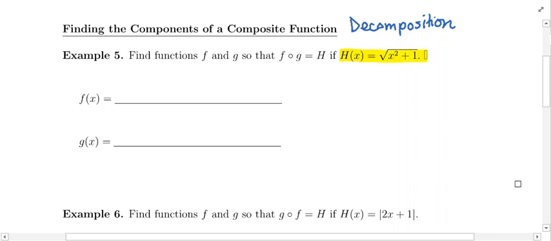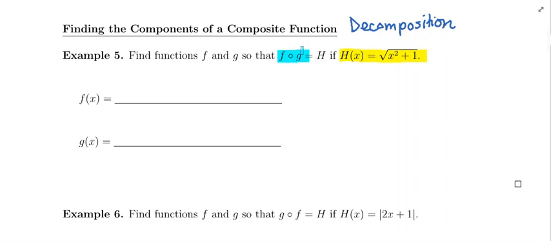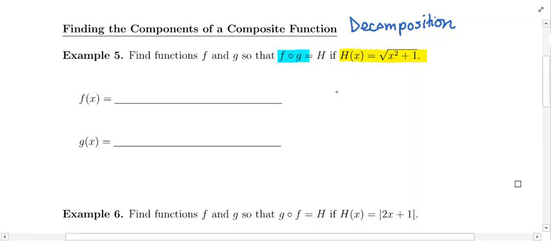Two functions f and g have already been composed in this direction, f of g, and the result is the square root of x squared plus 1. We have to come up with the f and the g, the two original functions.